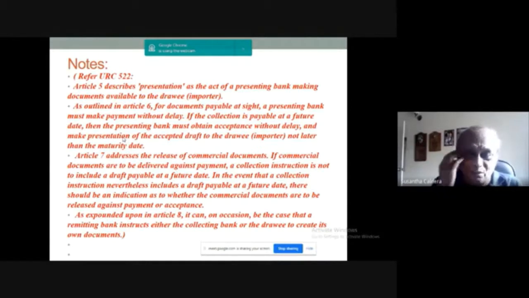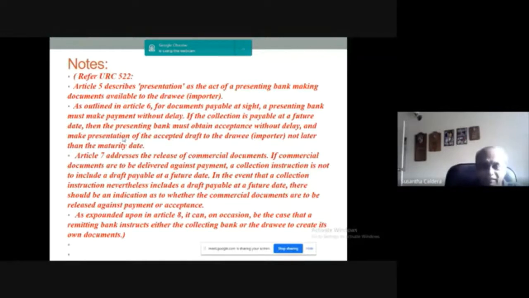Article 7 addresses the release of commercial documents. How are we going to release the commercial documents? If commercial documents are to be delivered against payment, the collection instruction is not to include a draft payable at a future date. With delivery against payment, DP terms, you should not have drafts drawn for 90 days or 60 days, for a future date.